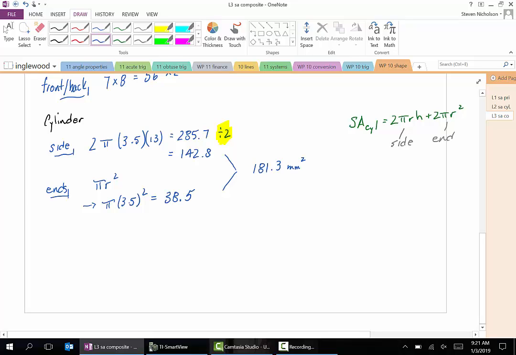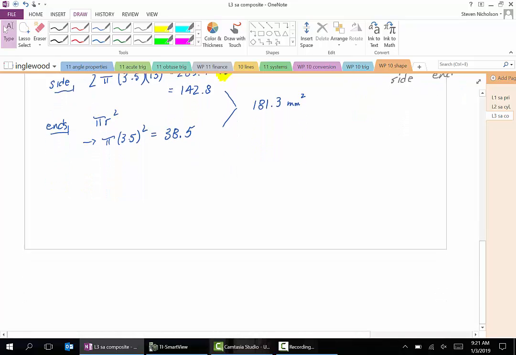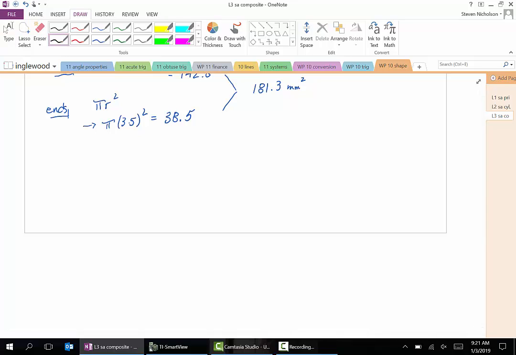And that would be the surface area of the ends and the curvy side, the lateral side of the top cylinder. And finally, in order to figure out the total answer, the total surface area is equal to the surface area of the prism plus the surface area of the cylinder, and when we add those two together, we get this many square millimeters.